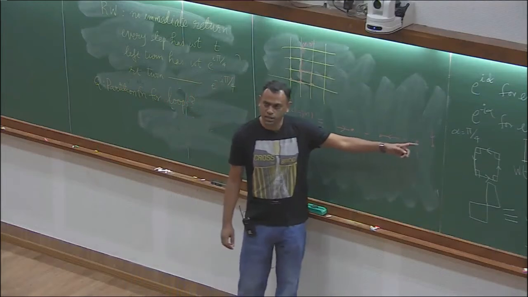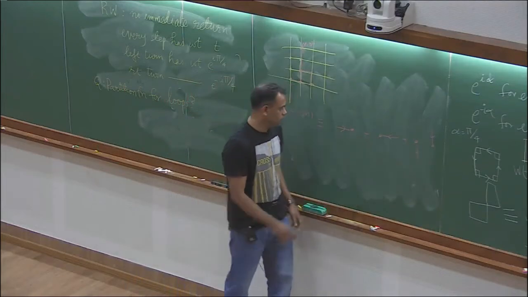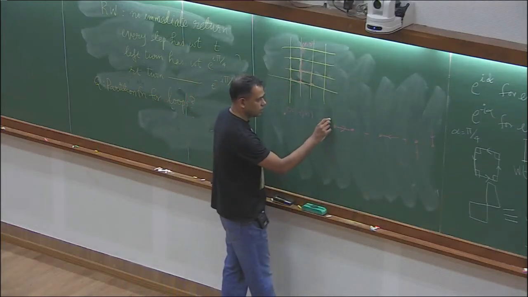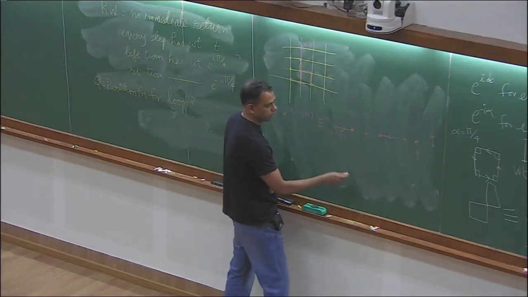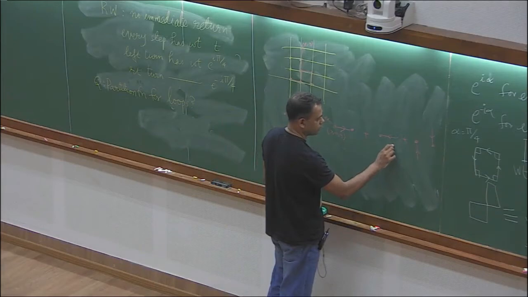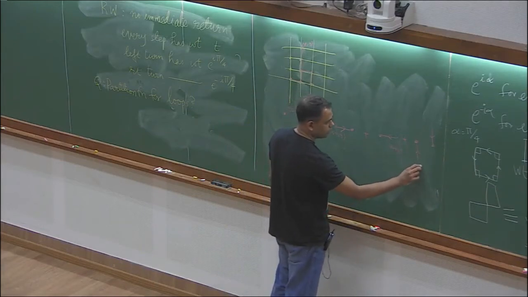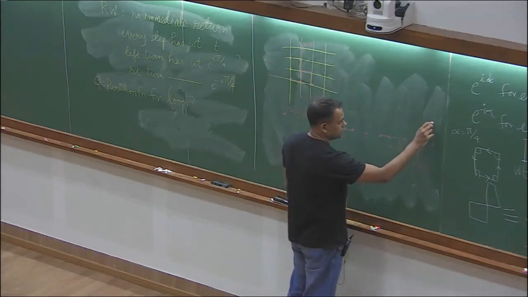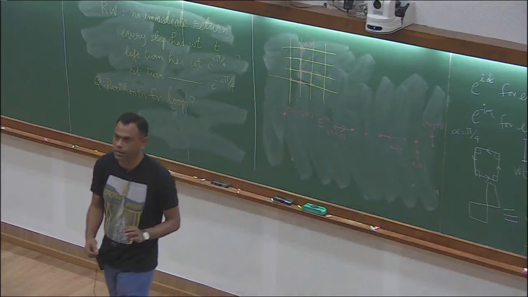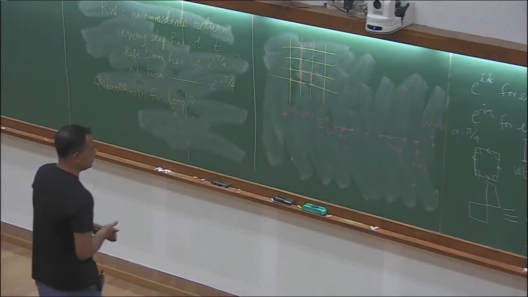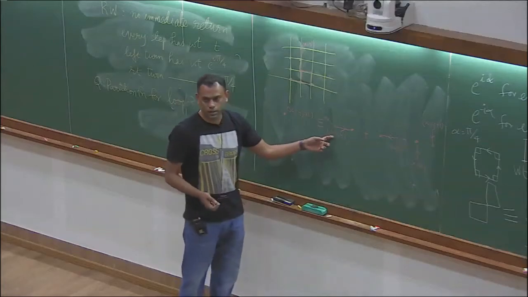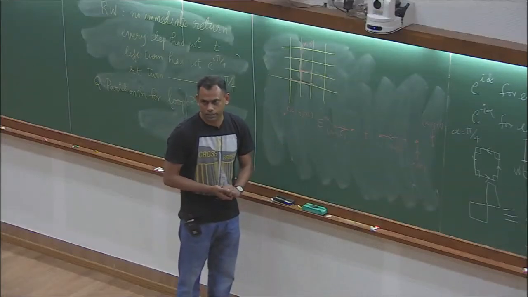These are the 4 nearest neighbors for this xy. So it came from x minus 1 y, x plus 1 y, x y minus 1. Is that clear? If I have to be at point xy after n steps, I must be at a point neighboring to that in the n minus 1th step.